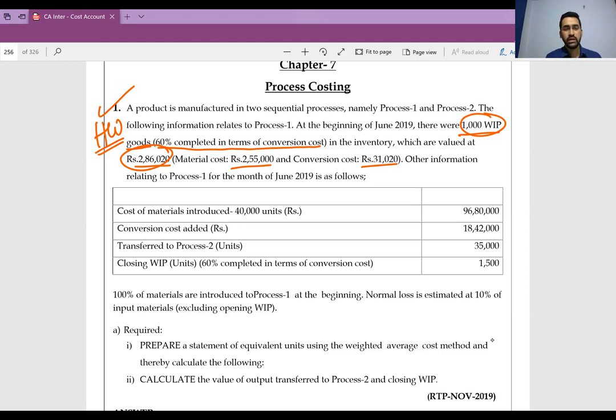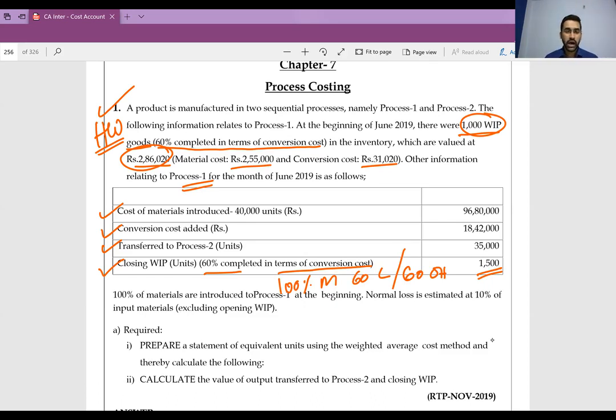Other information related to process 1: cost of material introduced, this is raw material; conversion cost, this is labor and overhead; transferred to process 2, this will come to the credit side; closing WIP 1500 units, 60% complete in terms of conversion cost. That means 100% material, 60% labor, 60% overhead.